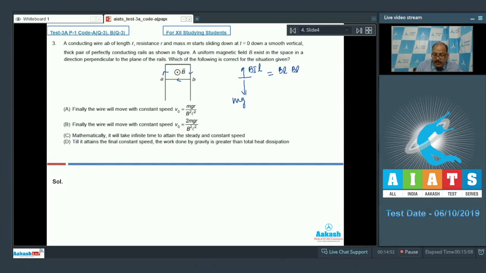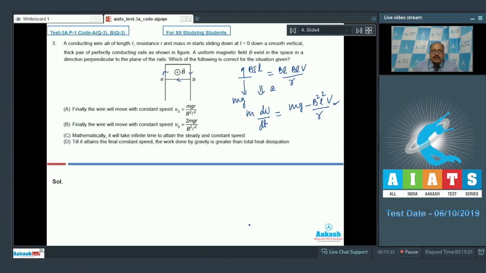EMF is BLV, upon resistance R, and under the action of these two forces it's falling down with, say, acceleration A. Then we have the equation m dV by dt, the net force in the downward direction is equal to mg minus B square L square V upon R. Okay, so this is the differential equation we get involving velocity, right?